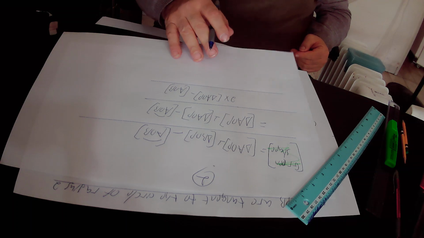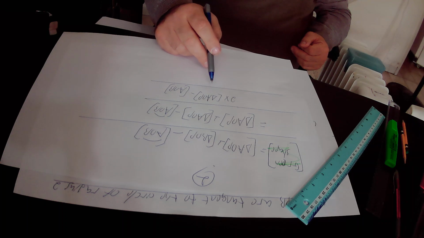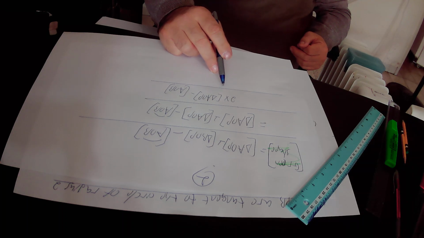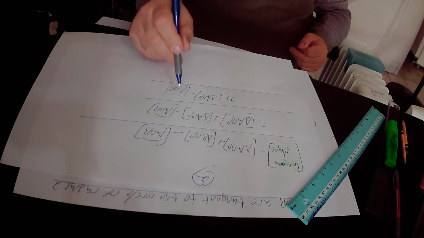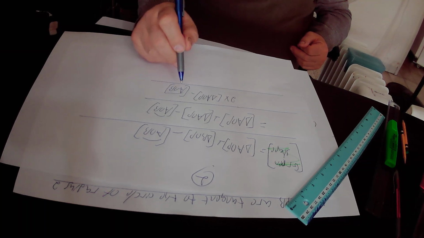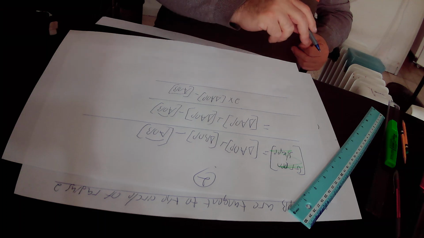So first of all, we have to find out the area of the upper right triangle AOP. We multiply it by 2, and then we subtract the area of sector AOB from 2 times the area of the right upper triangle AOP, and this will give us the area of the green shape.